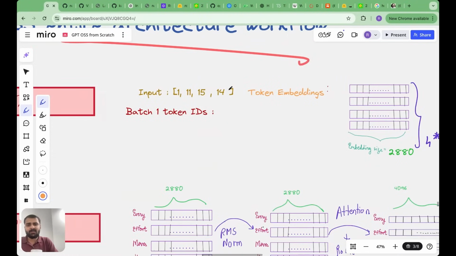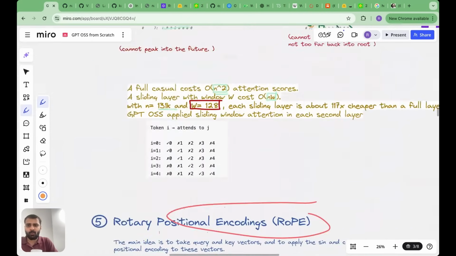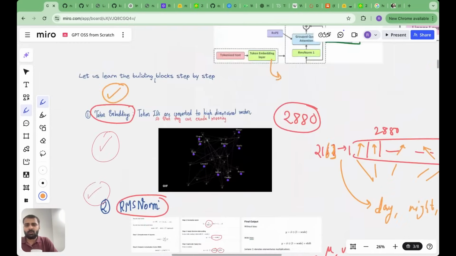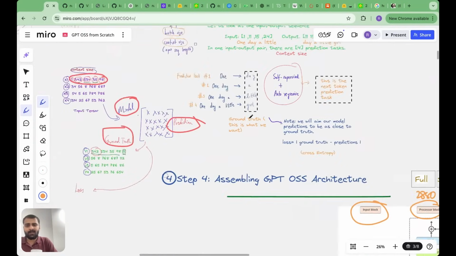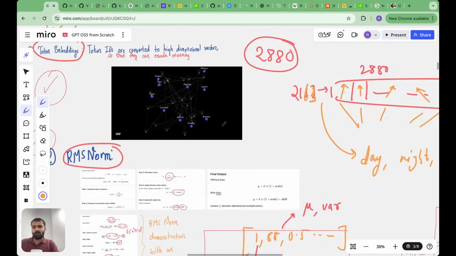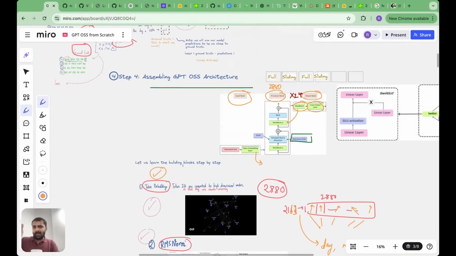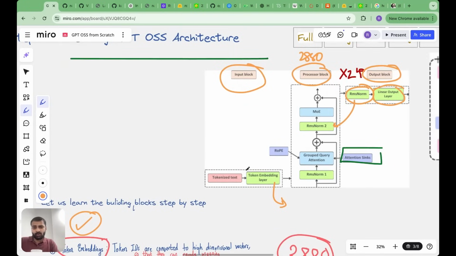The reason we started this whole exercise is we have a bunch of token IDs. If you scroll above, you'll see that when we looked at the input and output pairs, we have a bunch of token IDs which make up our input, right? These bunch of token IDs, we want to pass through our model and we want to get a prediction. That is what we are seeing right now. So you take a sequence of input IDs, and it goes through all these steps.